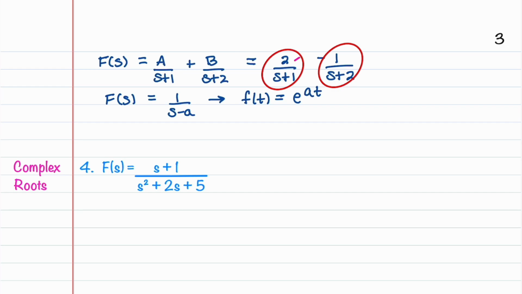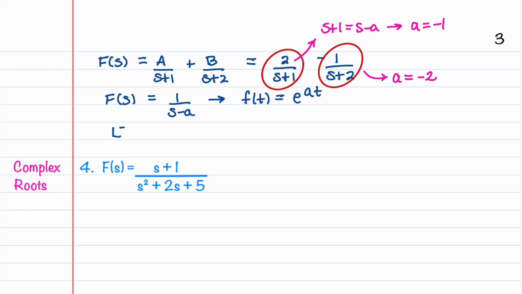In this problem, we have s + 1 is equal to s − a. So a is equal to −1. And then similarly, in the second part, we have a is equal to −2. Now we can write down our solution.